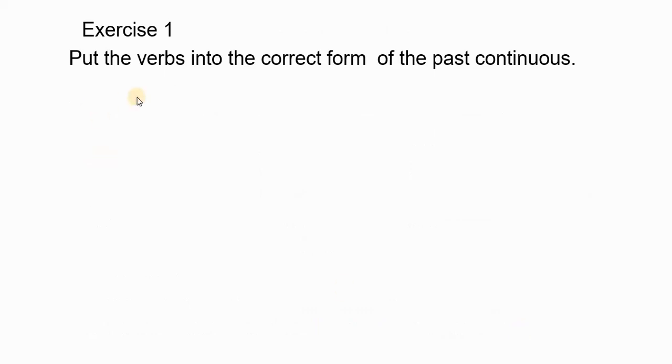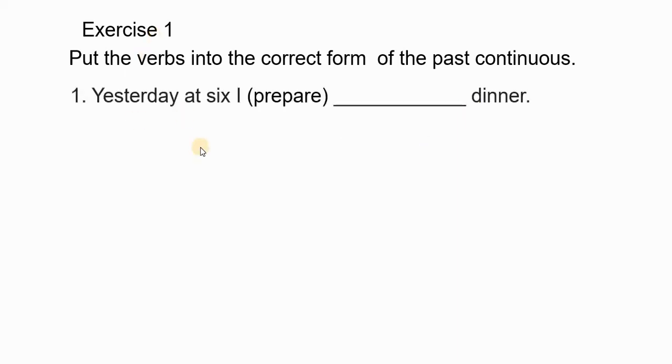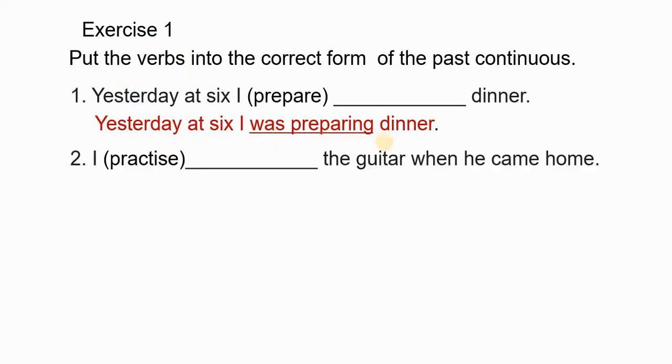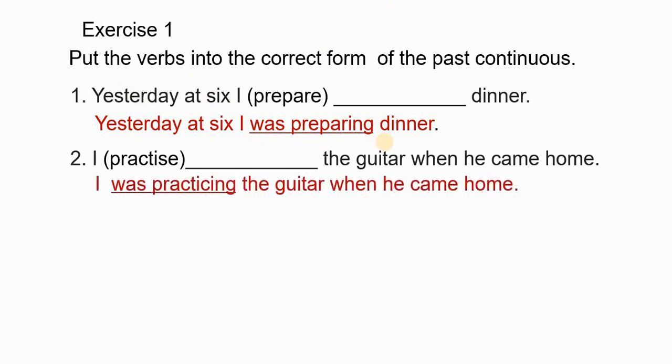Exercise 1. Put the verbs into the correct form of the past continuous. So I will give you the question, and I will give you 5 seconds to answer, and I will show the answer. Alright? Answer: yesterday at 6, I was preparing dinner. I was practicing the guitar when he came home.